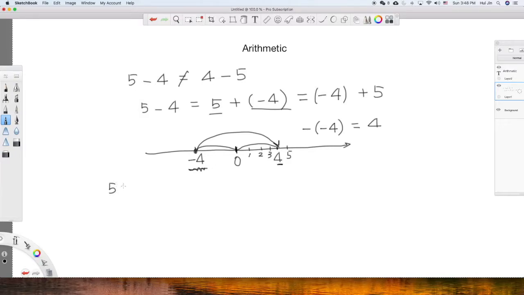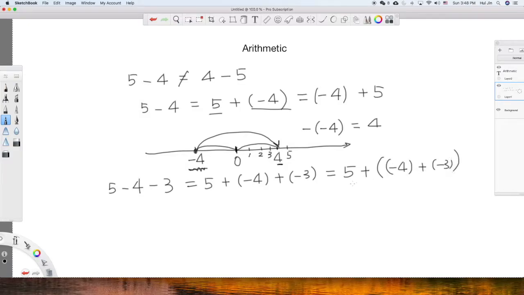So 5 minus 4 minus 3, for example, you write as 5 plus negative 4 plus negative 3, and this equals 5 plus the quantity negative 4 plus negative 3, which is the same as 5 plus negative 4, then plus negative 3.